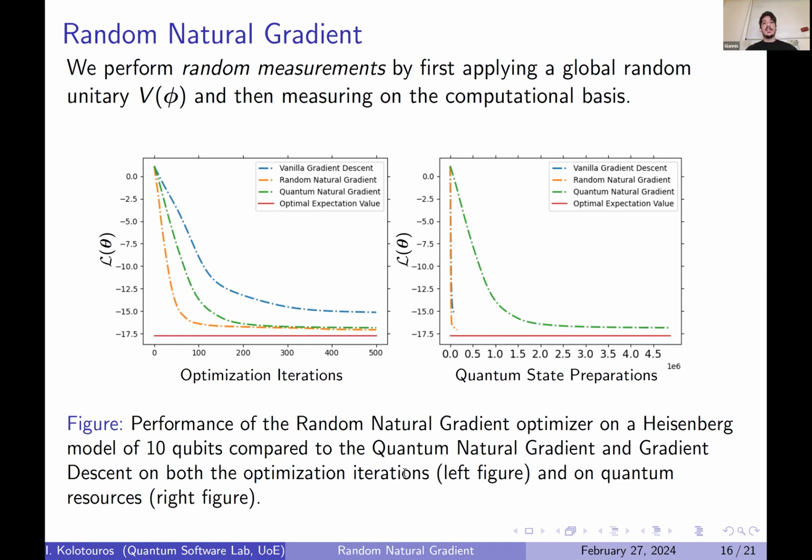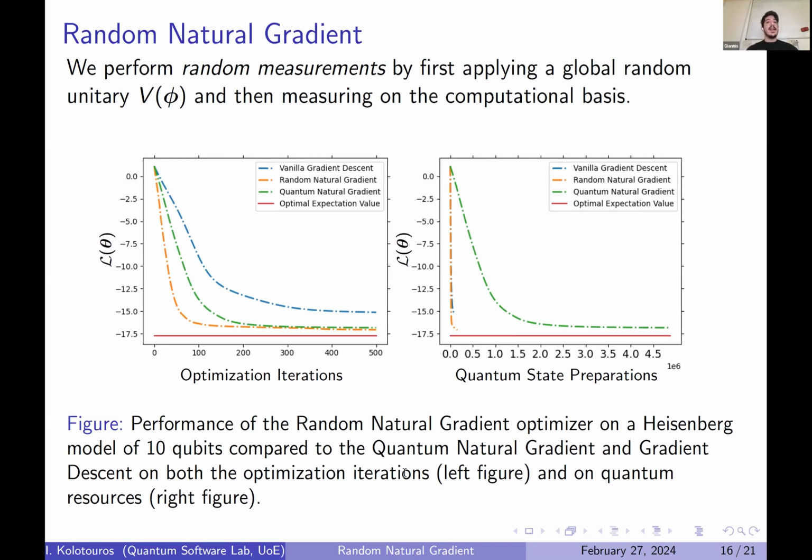Now, if you see these plots here, we compare the random natural gradient, which you can see in the orange line, to the quantum natural gradient, which is the green line, and gradient descent, which is the blue one. On the left side, we see the optimization iterations until convergence. Optimization iterations means how many times you change your parameters in your quantum circuit.